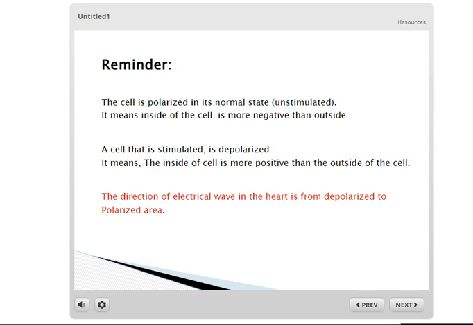The electrical wave in the heart propagates from the depolarized area to the polarized area. This wave of depolarization starts at the sinoatrial node, spreads through the atria, then enters the atrioventricular node, and finally propagates through the ventricles. The depolarization wave is represented by the P wave, QRS complex, and T wave in the ECG tracing.